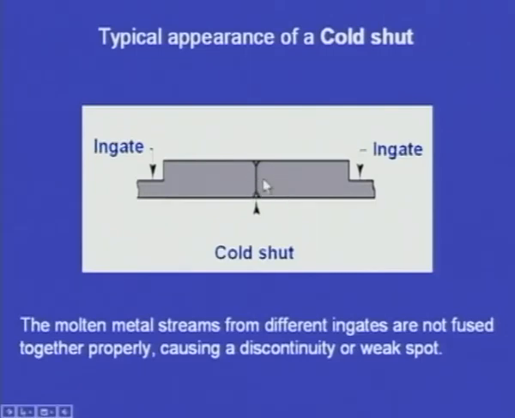So there is a weak spot or unseen separation. This is the cold shut. Sometimes it may not be noticed, it may not be visible, but when we use this in the practical application, the component will fail.